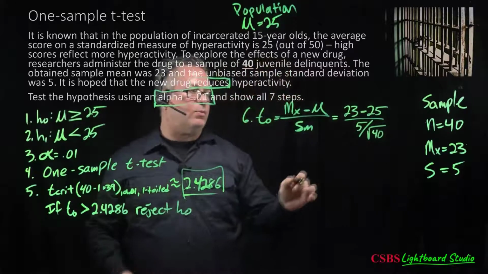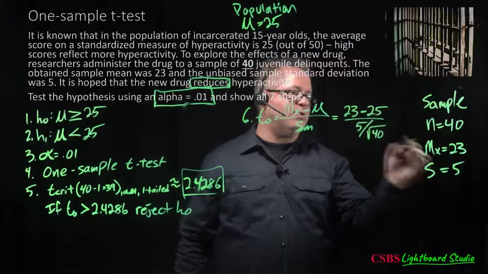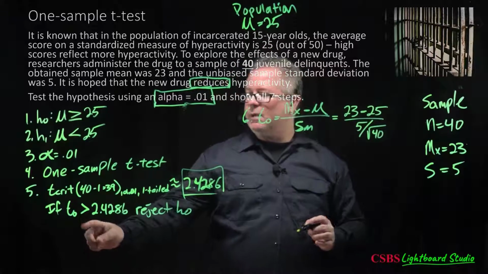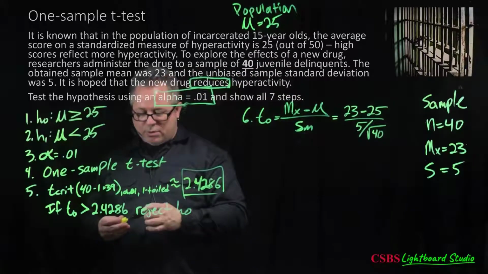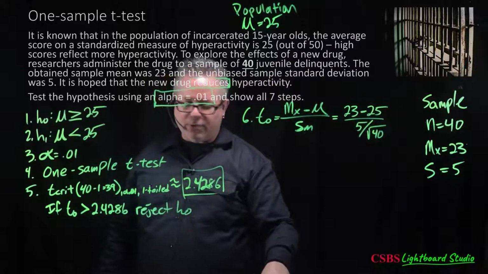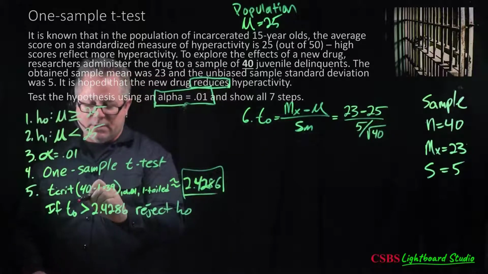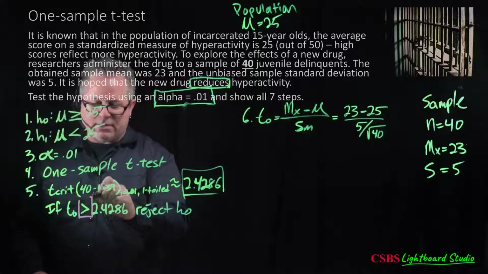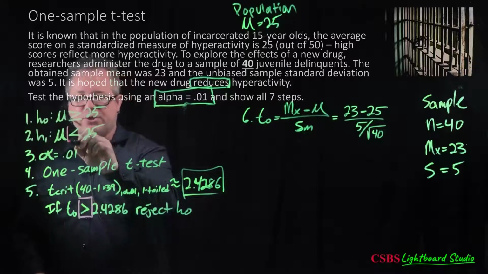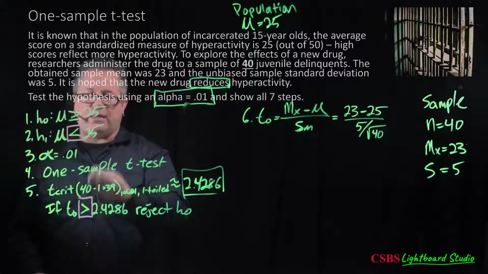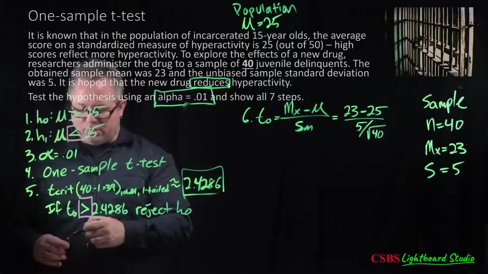As soon as I put down that my sample is 23 minus 25, the population, I realize something's wrong here. One of the things you want to make sure of, whenever you're doing this, is that the direction of this should be the same as the direction of your alternative hypothesis. And I violated my own rule, right?